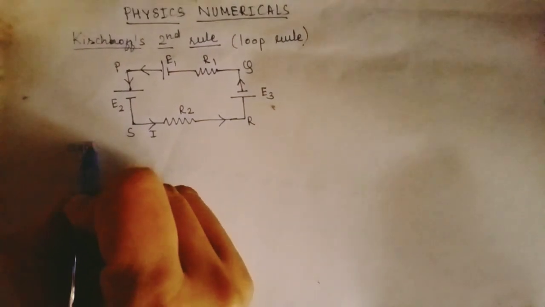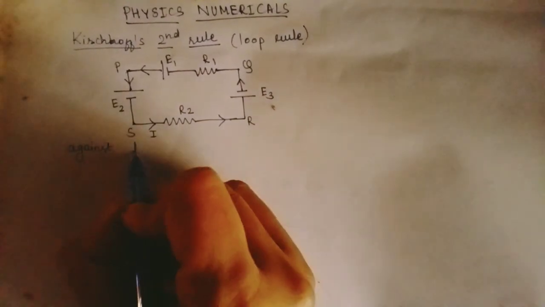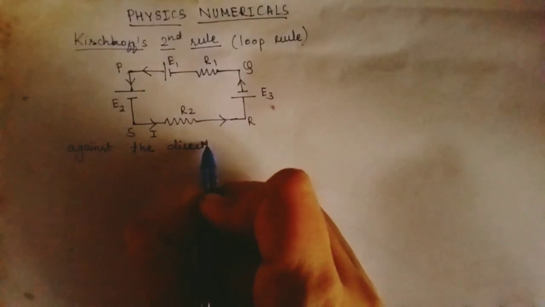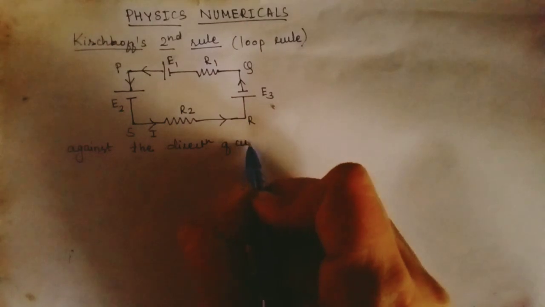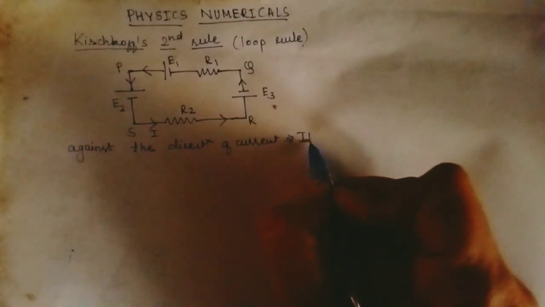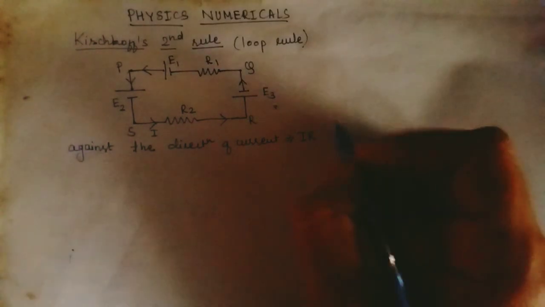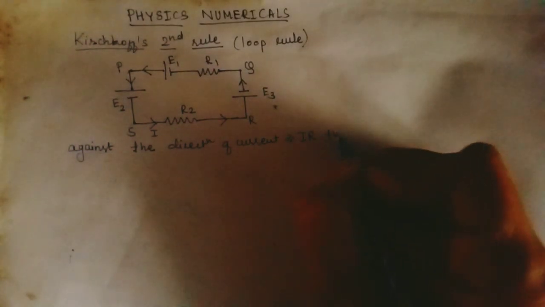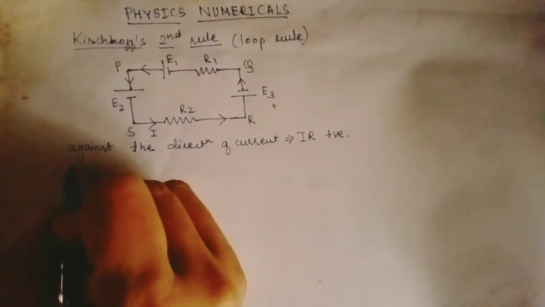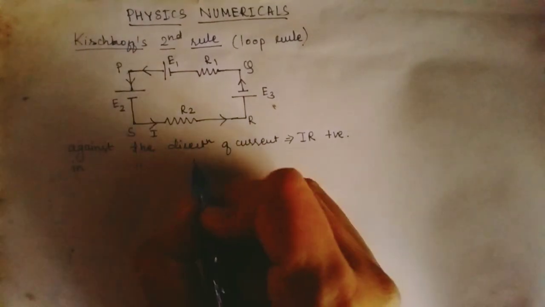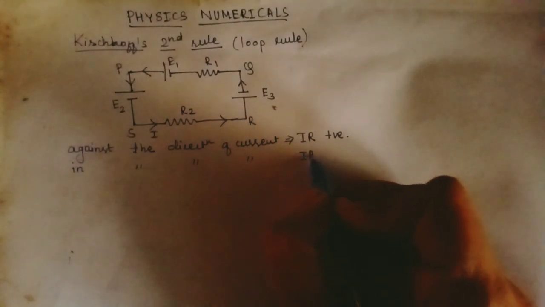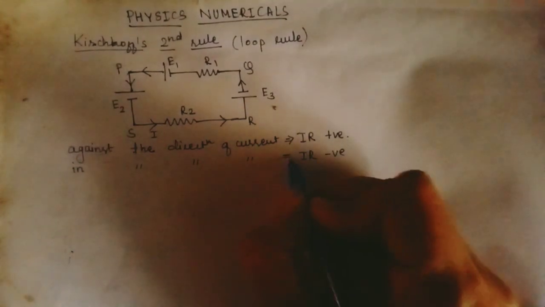If you are moving against the direction of the current, the product IR will be positive. And if you are moving in the direction of the current, then the product IR will be negative.